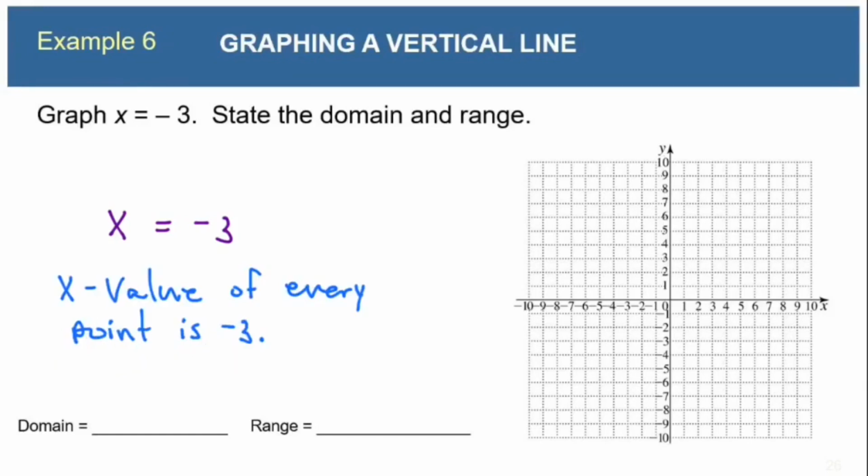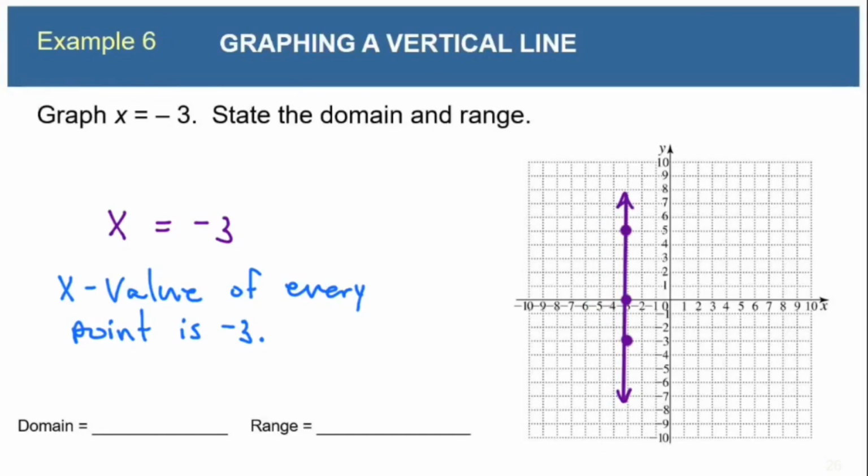So if we just plot a few points where the x value is -3, you could see like that one would work, this one would work, this point has an x value of -3, this one has an x value of -3. Any point that has an x value of -3 is going to be part of this line. And so we get a vertical line out of that.